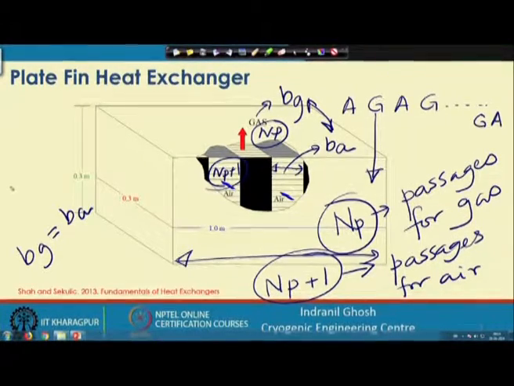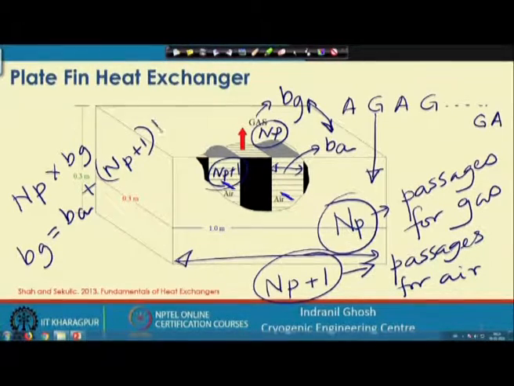Now we can have Np passages corresponding to the gas. So we have Np into B g plus Np plus 1 into B a, and this should be equal to this 1 meter length, but it is not so.